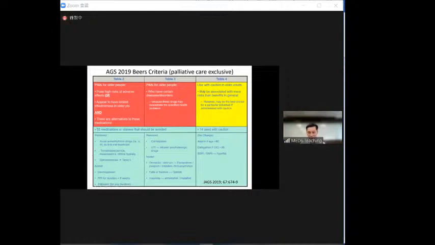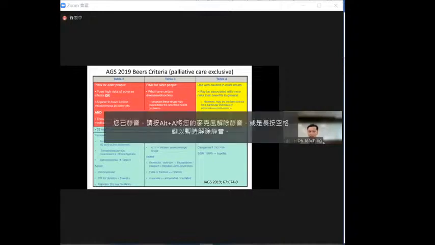And then there are some conditions and the patients with certain disease or disorder. And then these conditions are considered the factors if the patient requires some medications, and then these may be considered inappropriate.